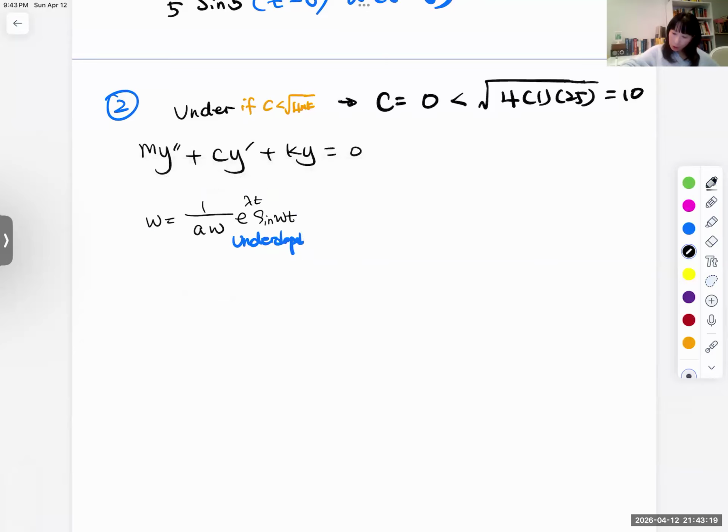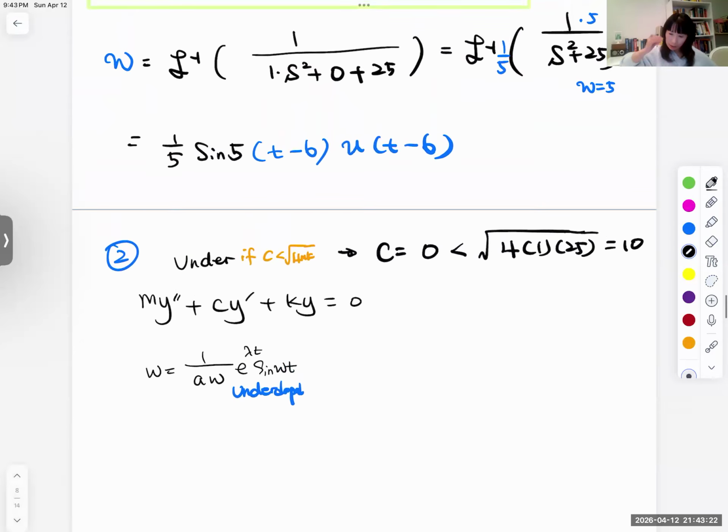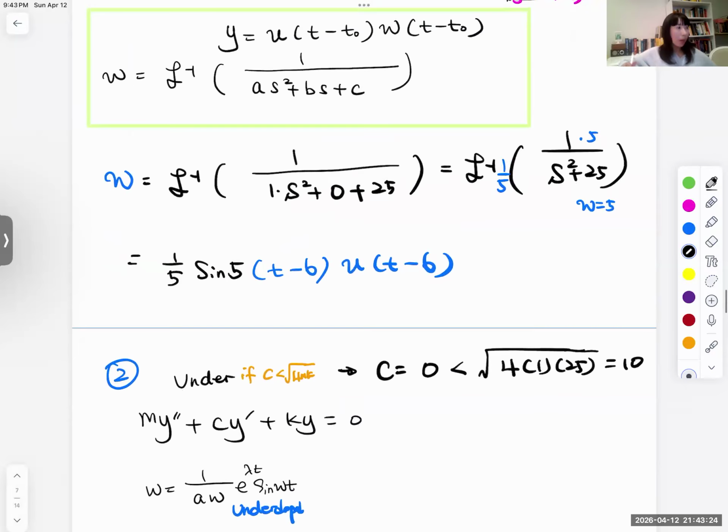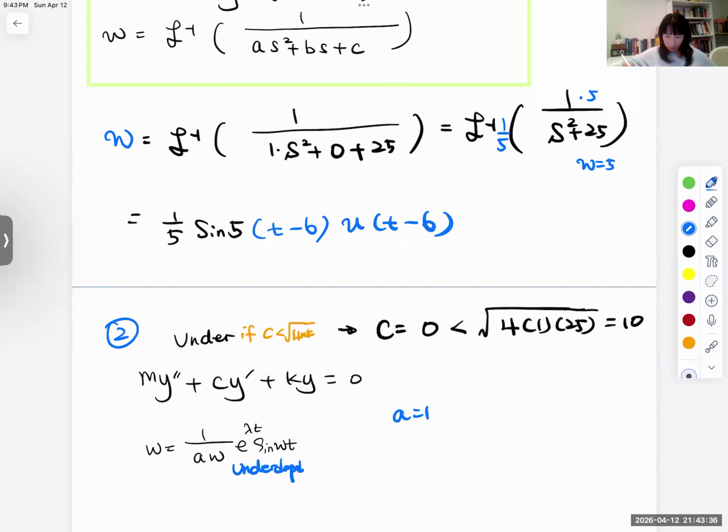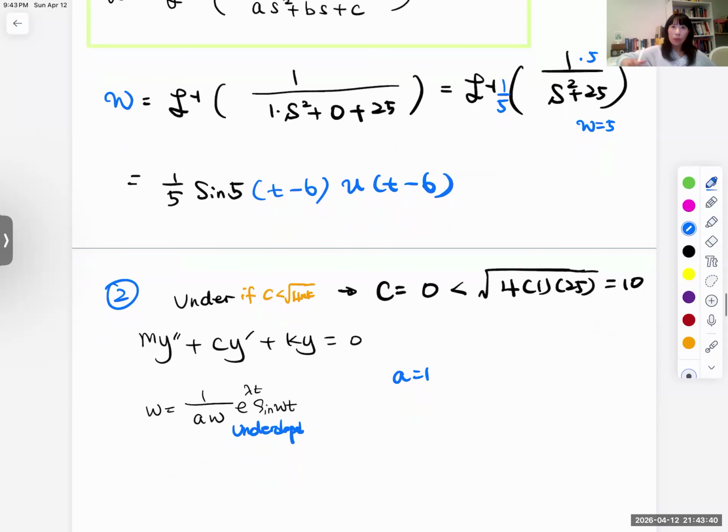So A in this case is A1, and omega is 5.